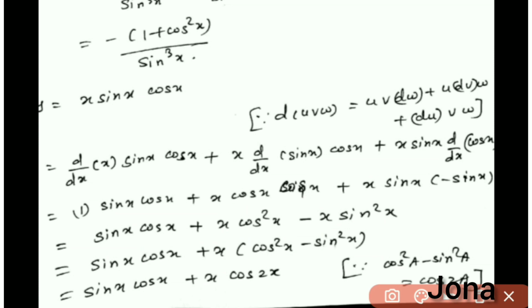And then we can take x common from these two terms. So that we will get x into cos square x minus sin square x. Okay, this is the actual formula of trigonometry, cos 2x there. So we can complete the answer as sin x cos x plus x cos 2x here.